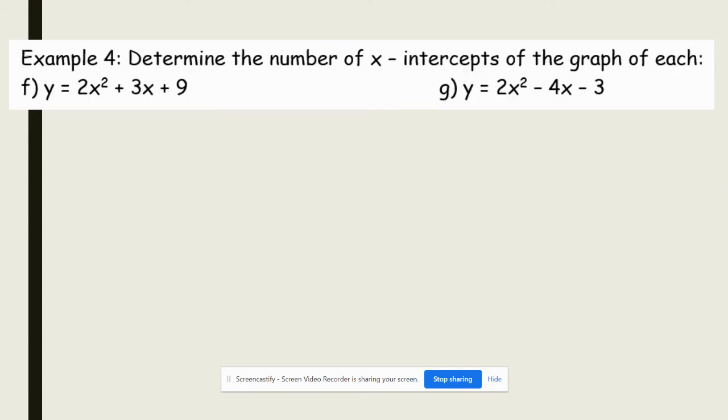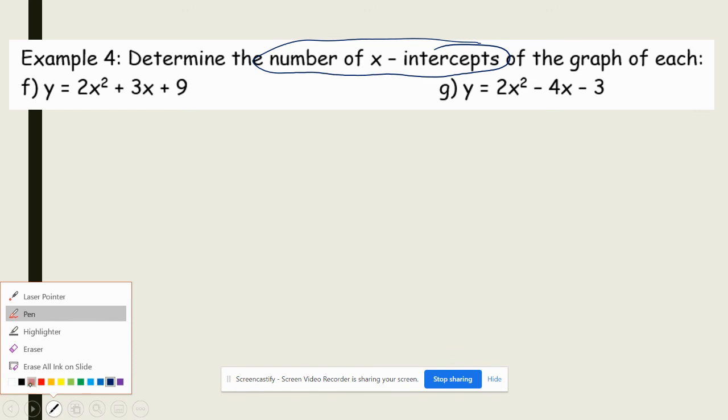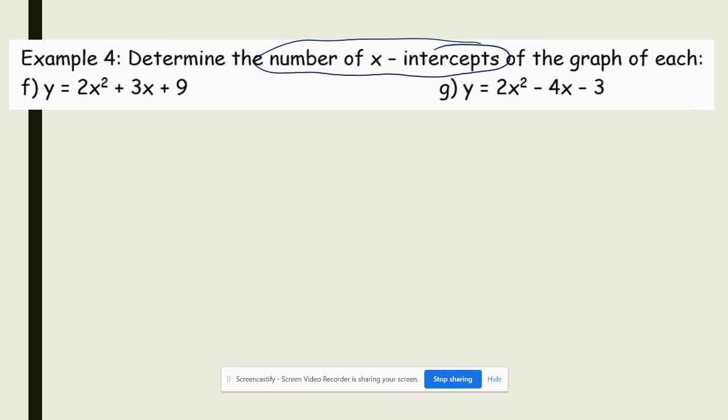The other type of questions that will be asked is determine the number of x-intercepts. Now, the number of x-intercepts and the number of solutions means the same thing. So we're still using the discriminant and finding just b squared minus 4ac to know if it's greater than 0, equal to 0, or less than 0. We have A, B, and C because this is equal to y or 0.